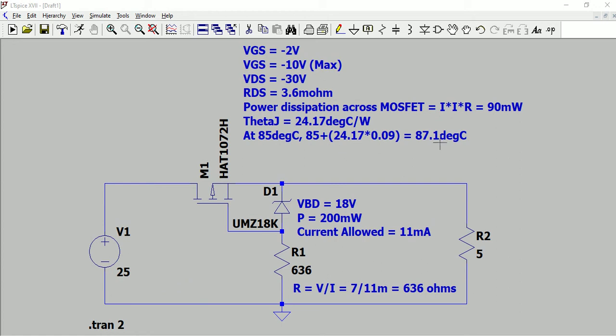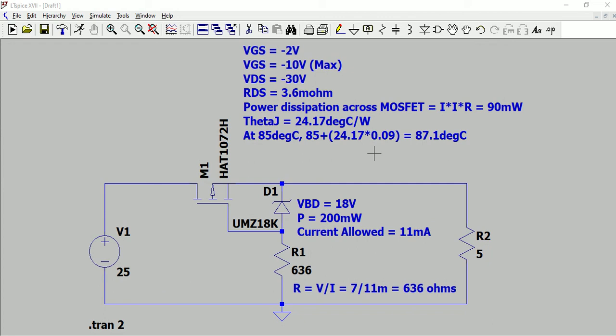This means if you use this MOSFET at a load current of 5 amps, the temperature of that particular MOSFET for an operating temperature of 85 doesn't go beyond 87.1, which is very good actually, because we have a very good margin. This is because of the theta j and the kind of current that we are allowing it to pass through.